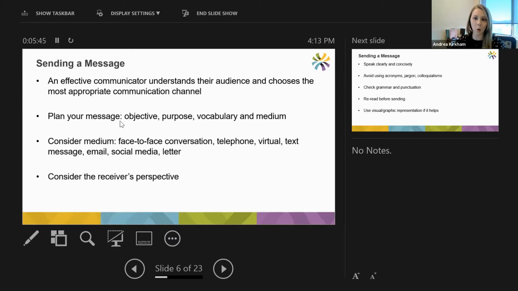And what is it that you're hoping to get back? Typically when you're going into a conversation, you're going to want to communicate to that person and you're going to want them to respond, because if you just talk to them and they don't say anything, it might not have gone over so well. So the objective is what you're wanting to get out of it.